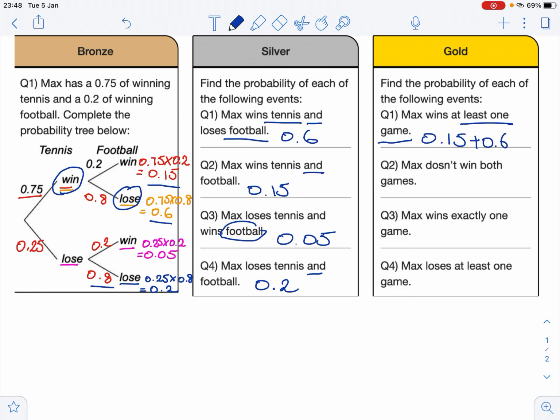So we add 0.6. And another way is that he could lose tennis and win football. He is still winning 1 game, and the probability is 0.05. Adding them together, the total should be 0.8.